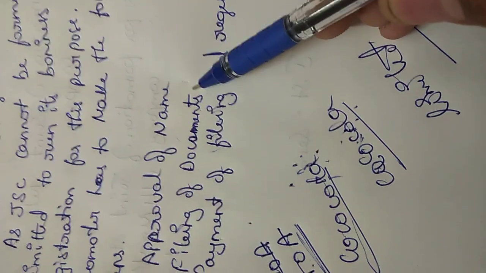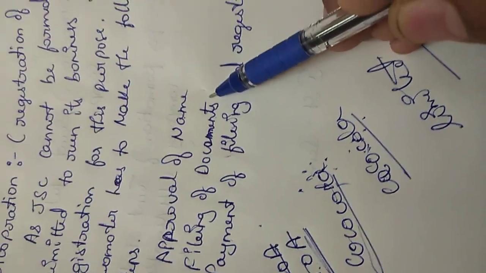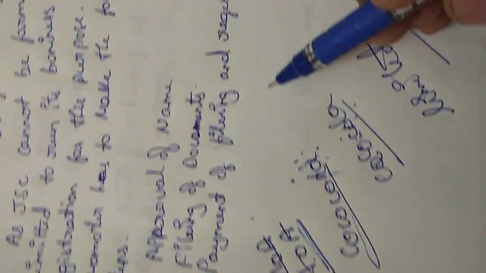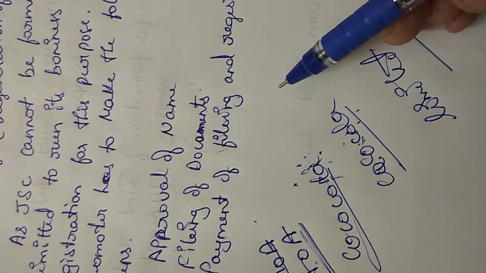In filing a document, it must be properly stamped and duly signed by the members of the company, with at least one witness for the AOA, of a person who agrees to become a director of the company.